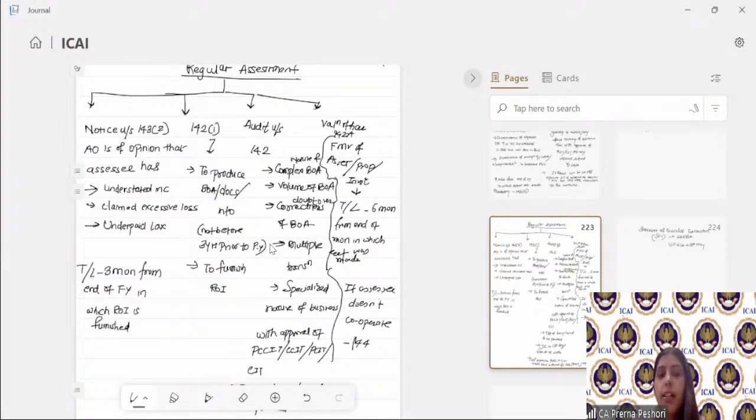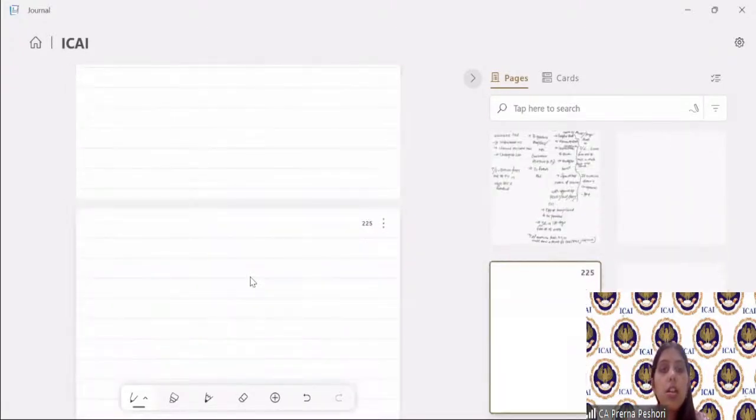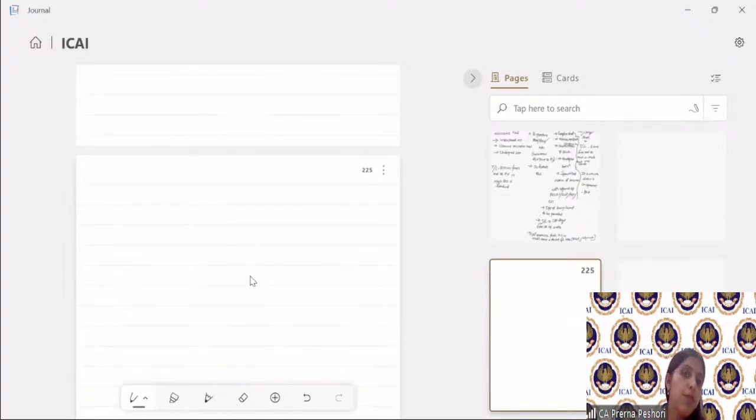Now, understand one thing. All this information which is asked from the assessee, all this valuation which is going to be requested, and the assessment itself which is going to be made will be under section 144B.